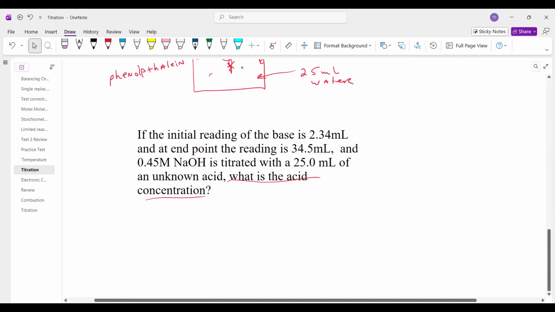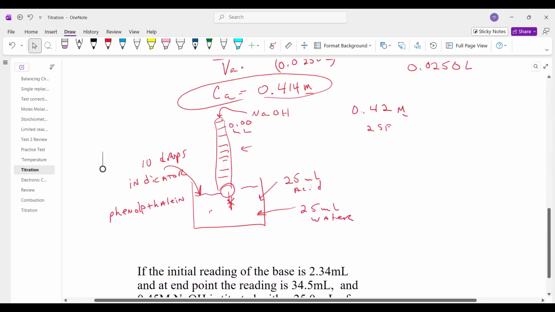Now, on your burette, I said to fill it to zero. You don't have to fill it to zero. It's easier if you fill it to zero, and you're going to use a dropper to get it right at zero as best you can.